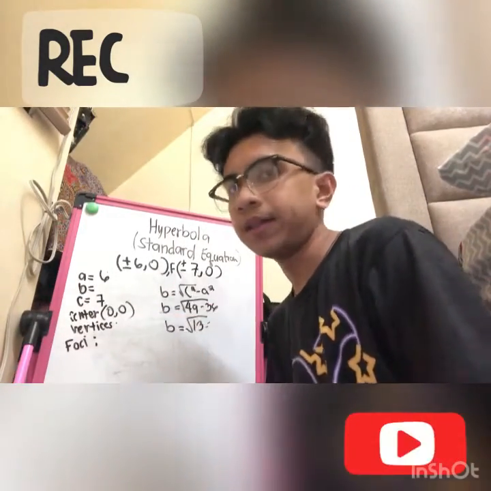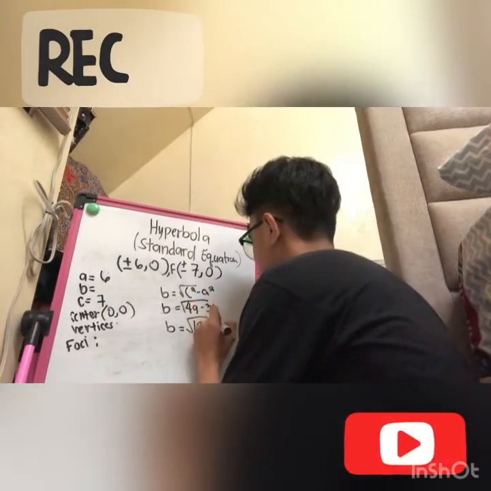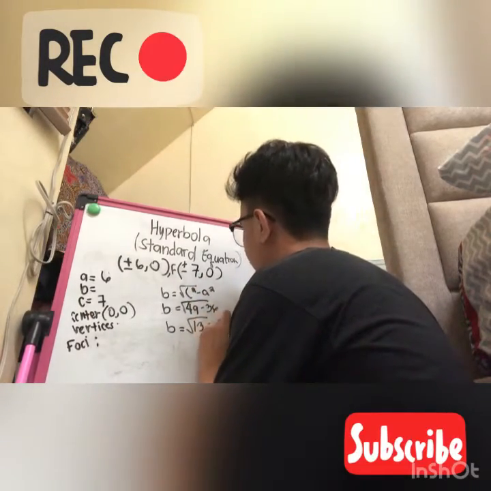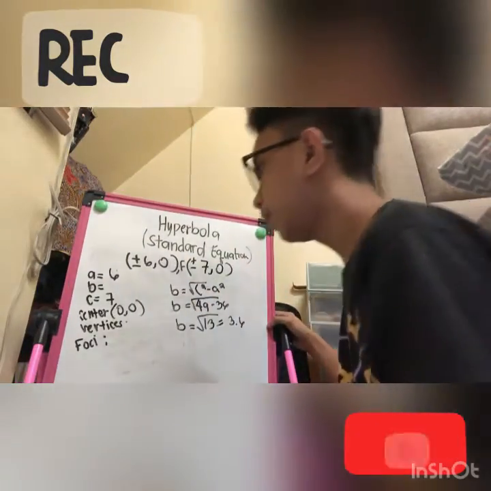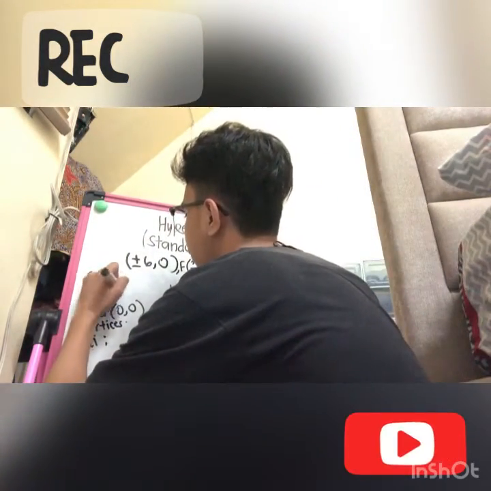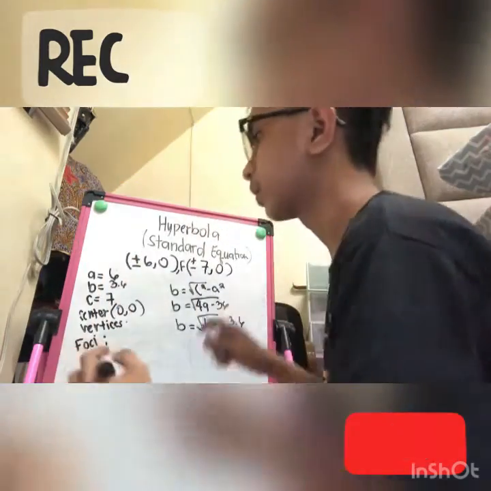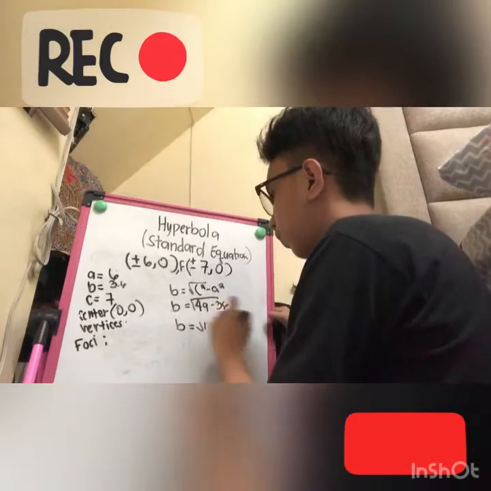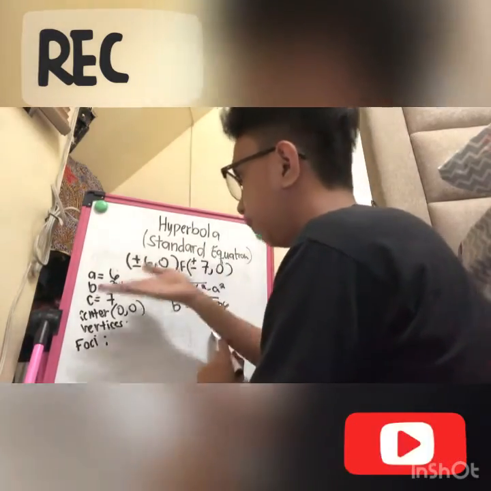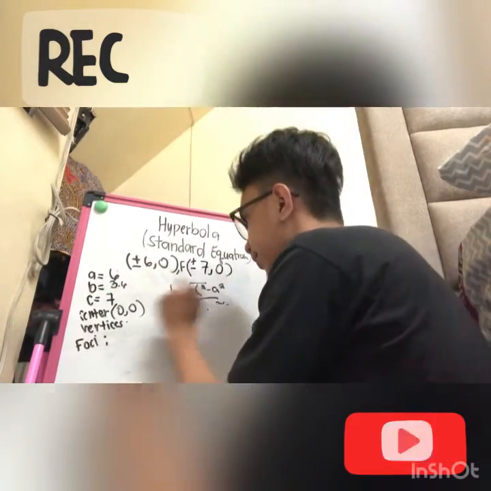It is about 3.6. So, the b here is 3.6. Okay, we found a, we found b, and we found c.